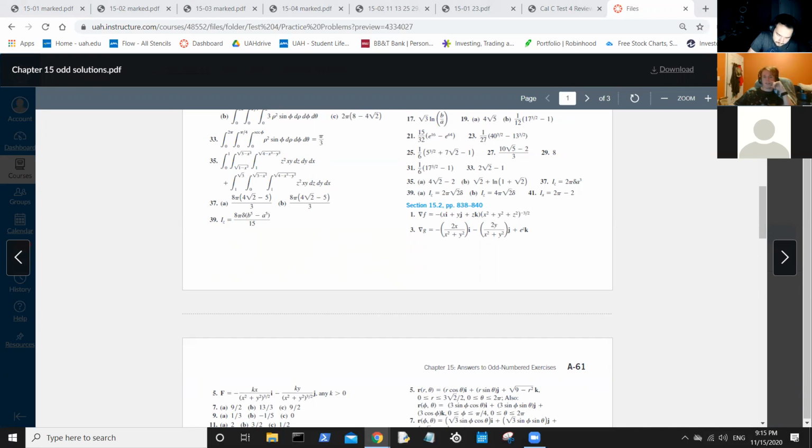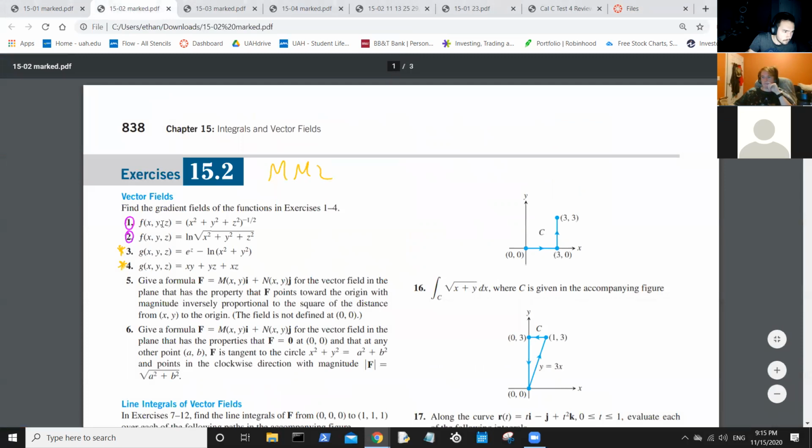So the gradient vector field is what we had, where it's i, j, k. It looks like they just factored out in number 1.